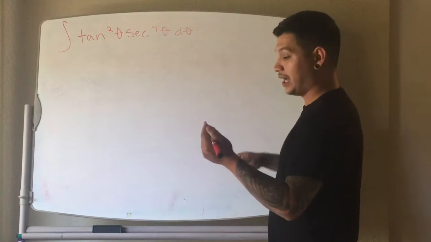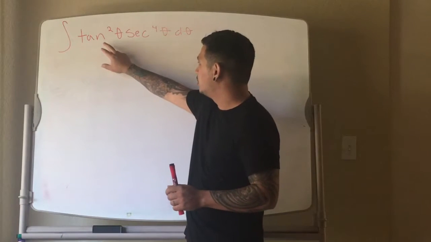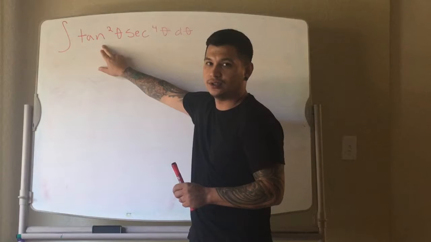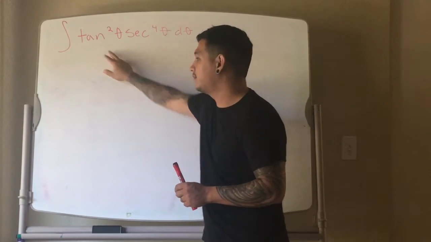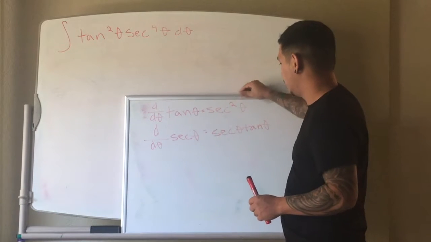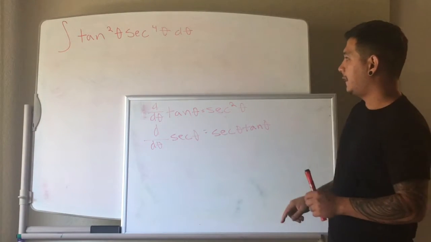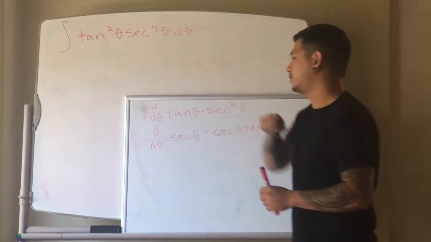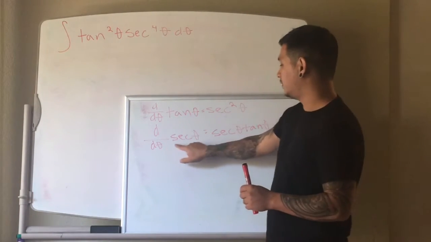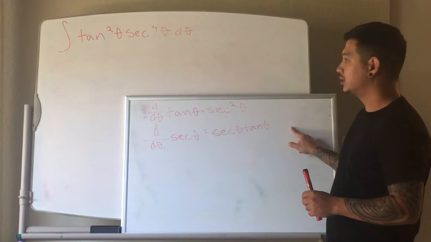So what I like to do is decide, okay, what's the derivative of tangent? The derivative of tangent is secant squared theta. Well, what's the derivative of secant? The derivative of secant theta is secant theta tan theta.